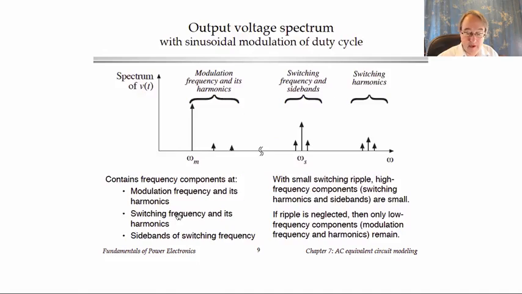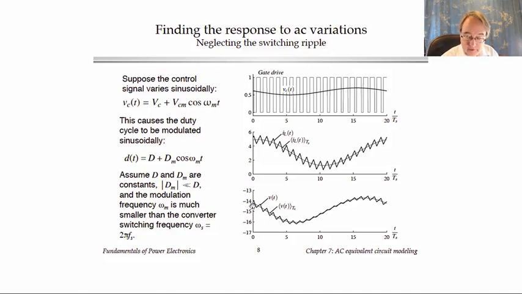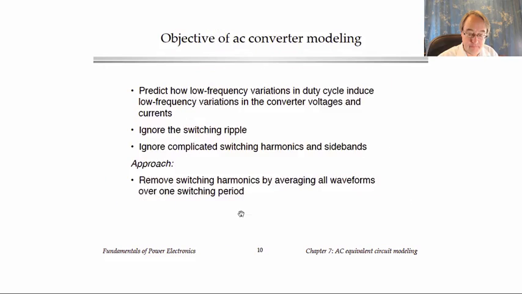So if we go back and look at, say, the output voltage, we will integrate over one switching period, but then make this period of integration move forward in time along the waveform. And what we'll get by doing that is the underlying variation with the switching ripple smoothed out or removed.